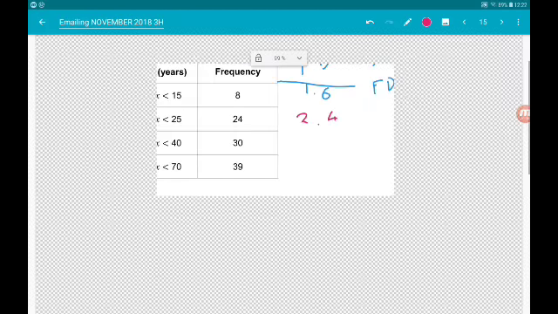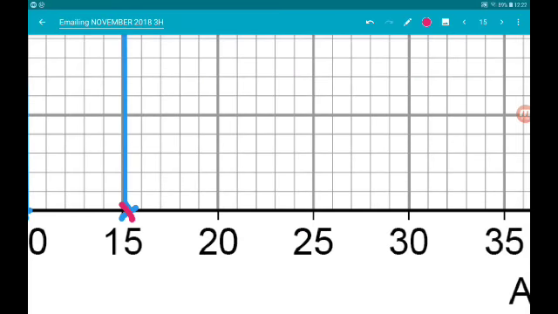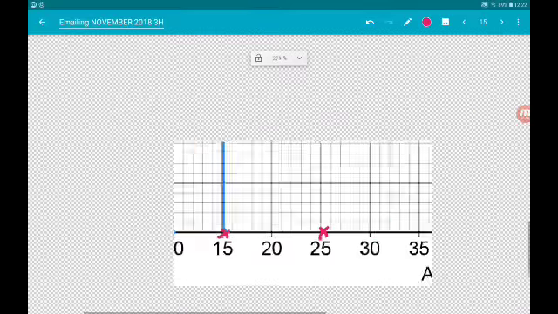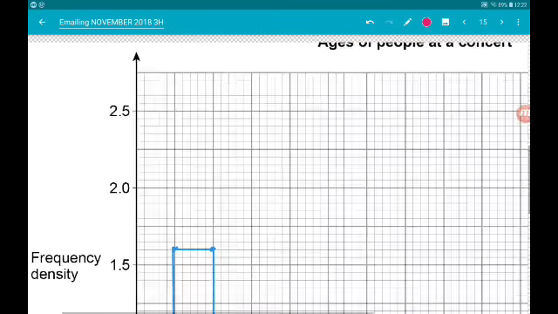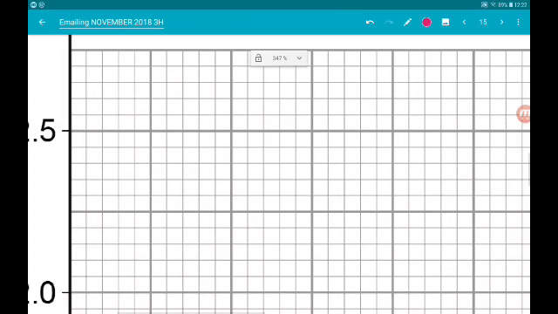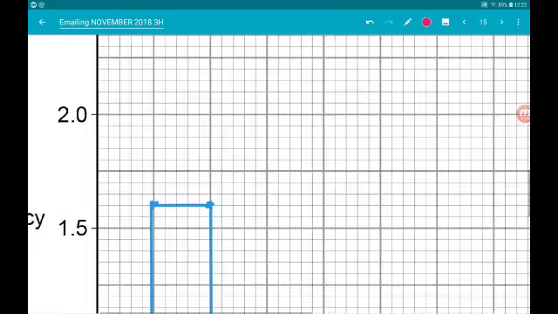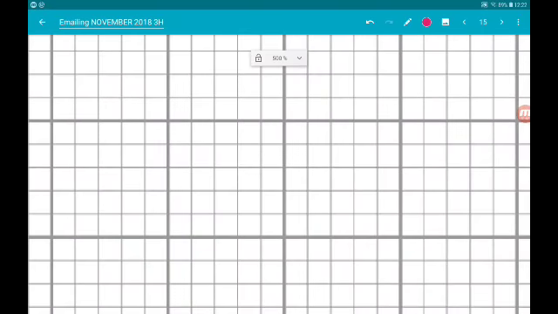So there's 15, there's 25, 2.4 is going to be two little squares below 2.5. So that's going to be there and there.